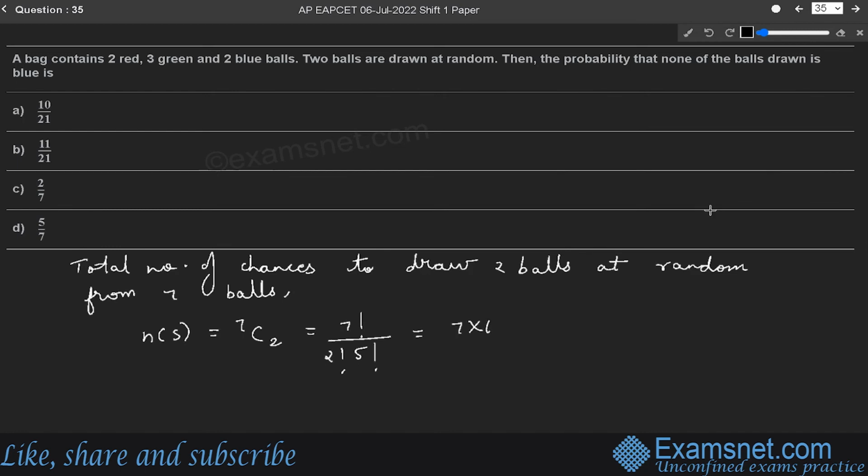So it will be 7 into 6 into 5 factorial divided by 2 factorial into 5 factorial. 5 factorial and 5 factorial will be cancelled. So it becomes 7 into 6 upon 2. Therefore, it will be 7 into 3, which is 21.